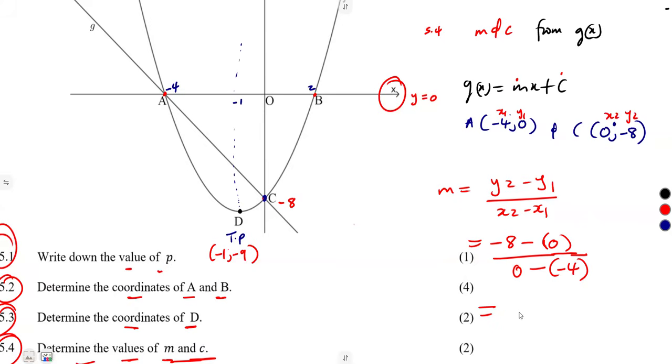So at the end, you obtain negative 8 over 0 minus negative 4, that is going to be positive 4, and this gives us negative 2.